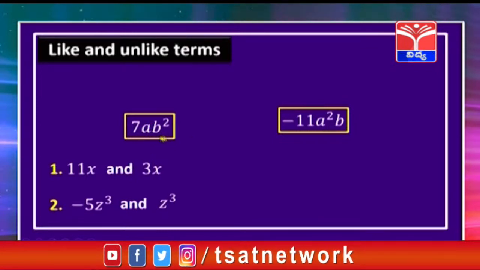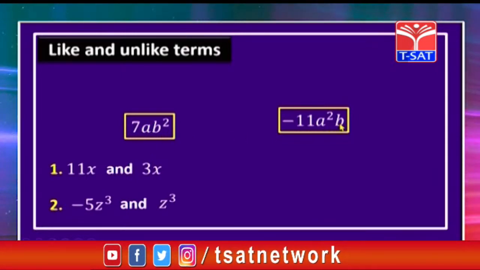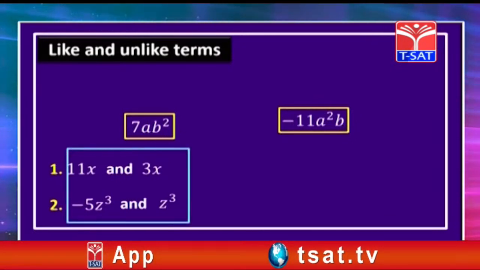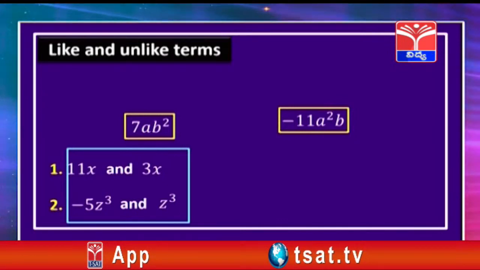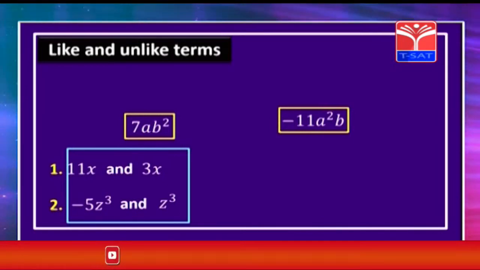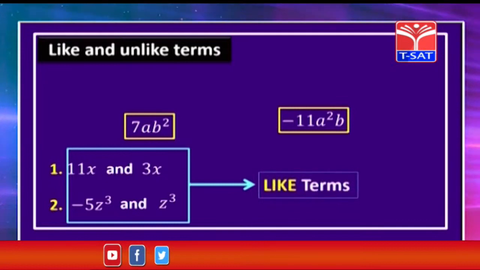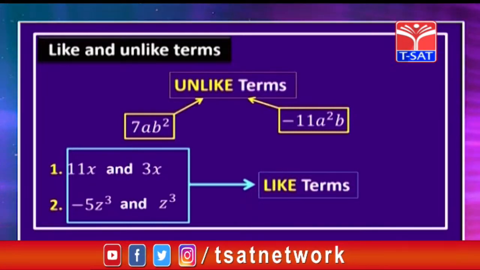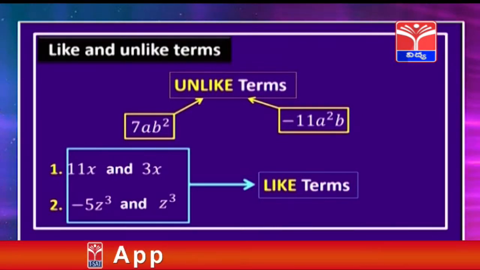Here b's power is 2 and here b's power is 1. So they are different. Now if you consider these terms, that is 11x and 3x and also minus 5z cube and z cube, they are called like terms. And 7ab square and minus 11a square b are called unlike terms.